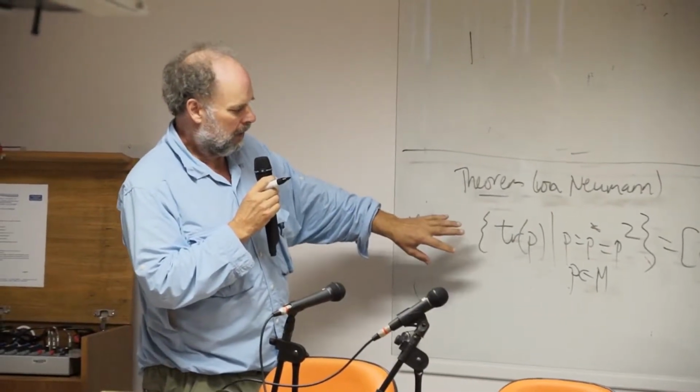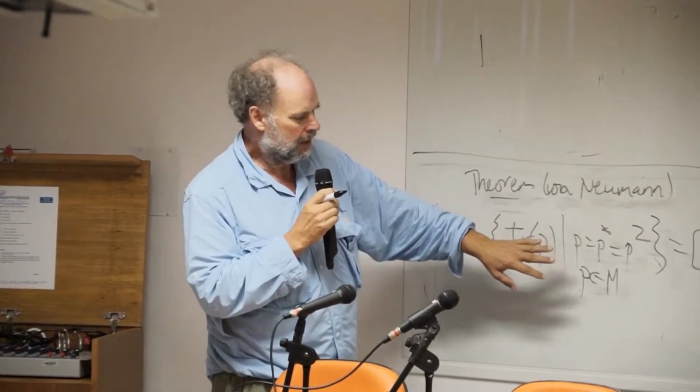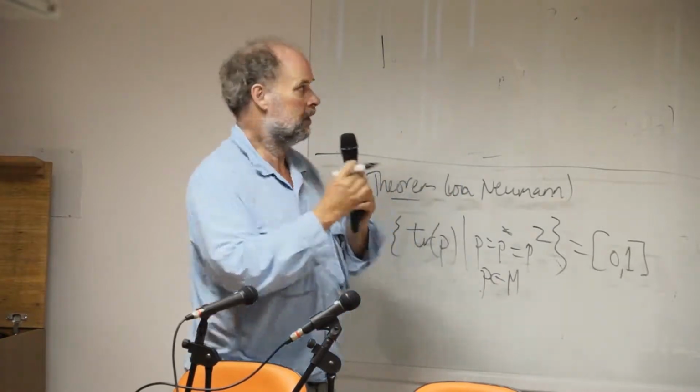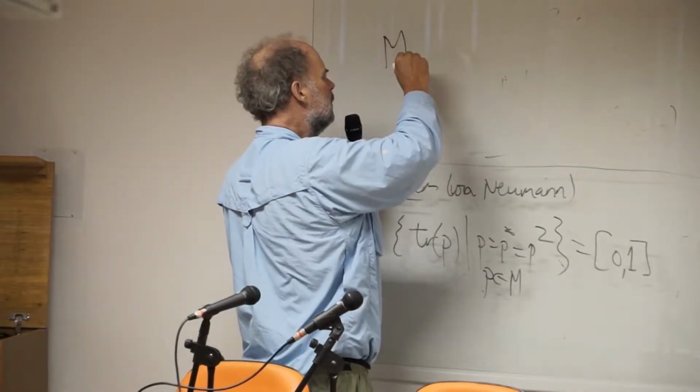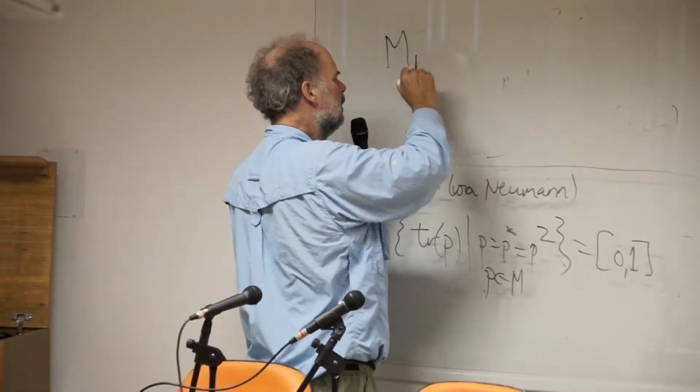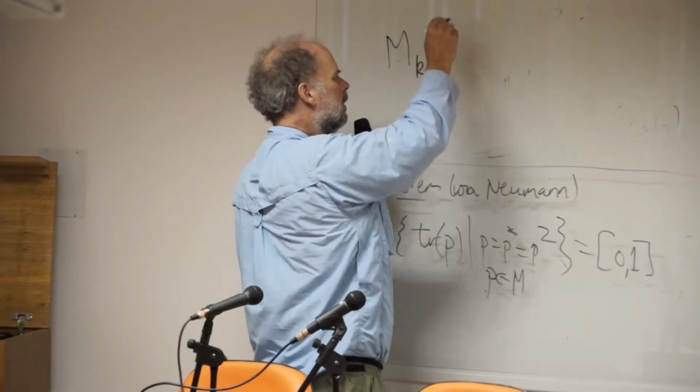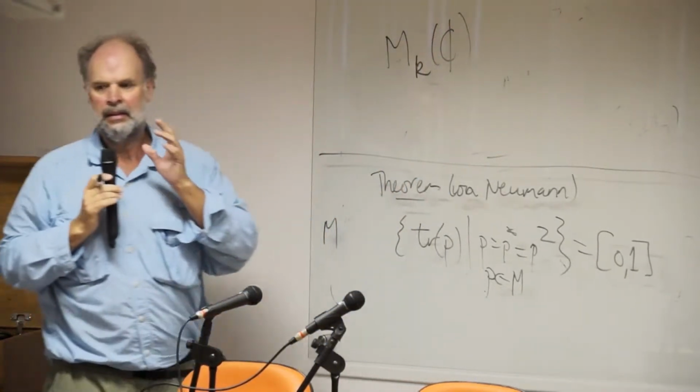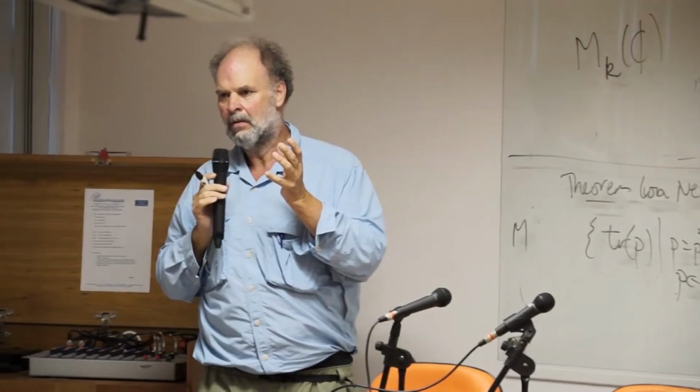If you take a 2-1 factor, then the set of all traces of projections is equal to the whole unit interval. Now, let's suppose that instead you have something that really looks like it. Let me use K, because N is getting used too much. Let's take the K by K matrices.